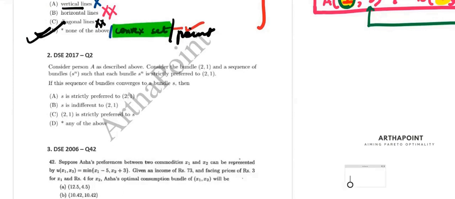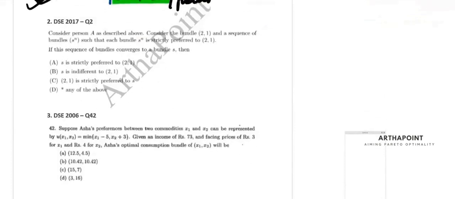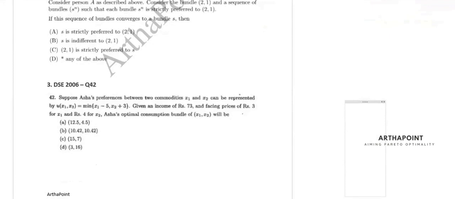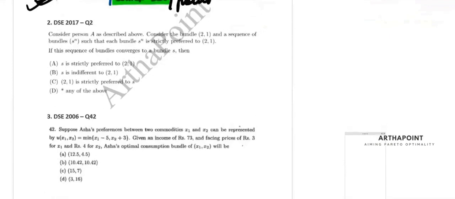See, it says consider the bundle 2, 1 and a sequence of bundles Sn such that each bundle is strictly preferred to 2, 1. So ideally what is happening is, let's say I have this bundle 2, 1.